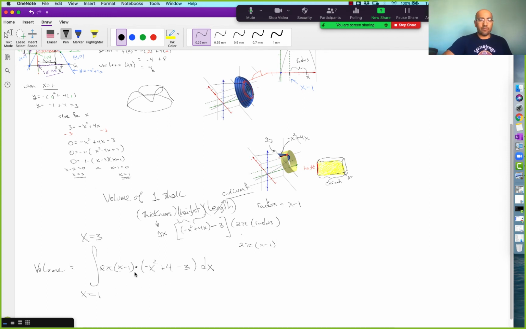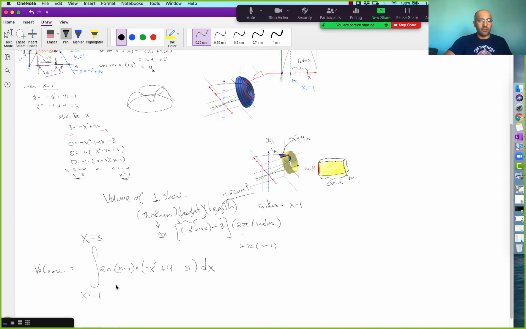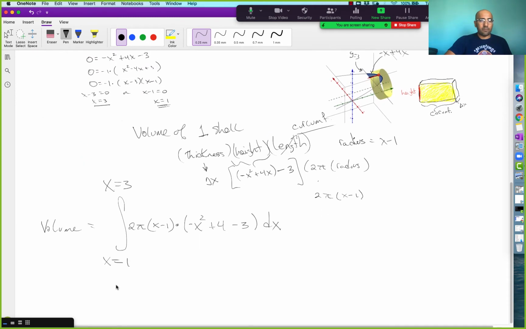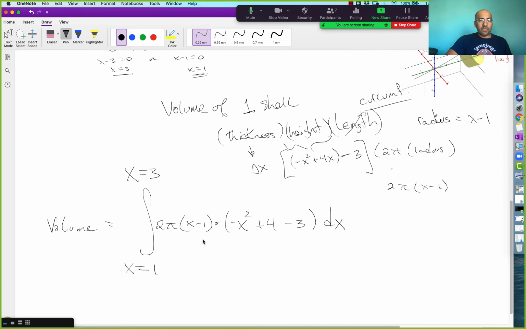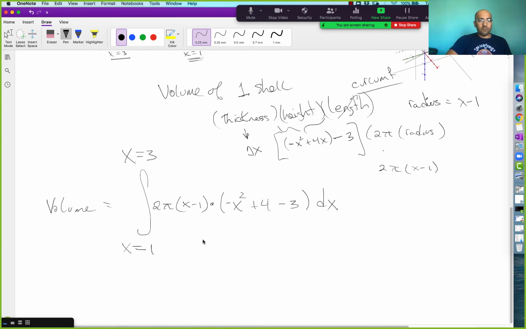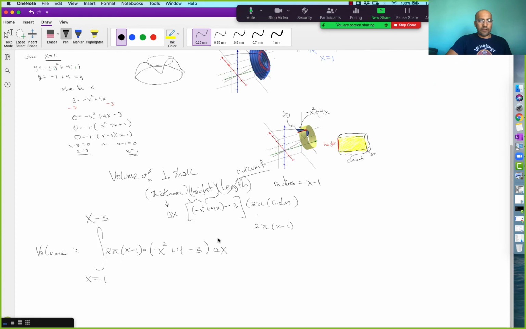So there's the setup. That's the hardest part of this section, figuring out the setup for your integral. Once you have it at this point, then it's really a matter of solving the integral, which hopefully isn't too difficult. Hopefully they don't give you something that's too difficult to figure out.